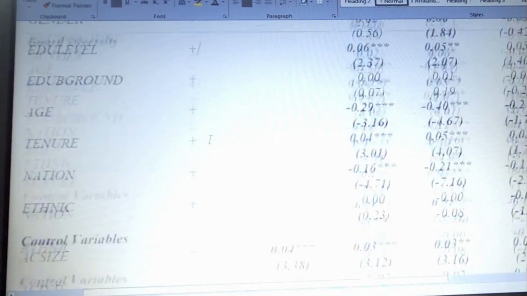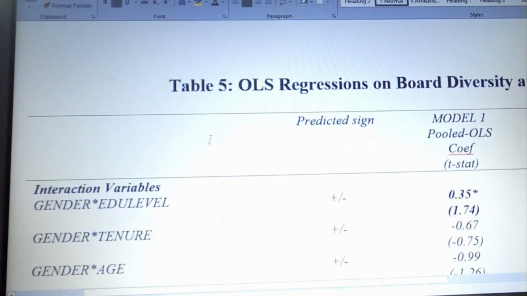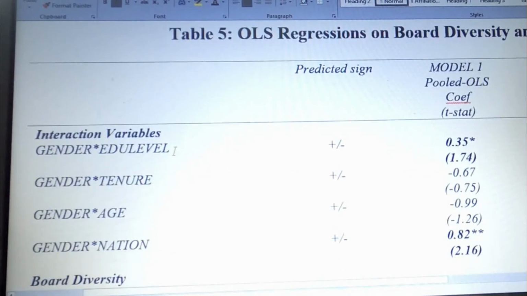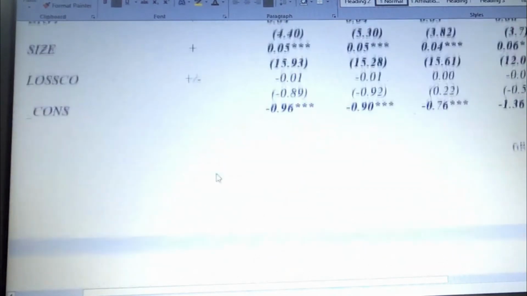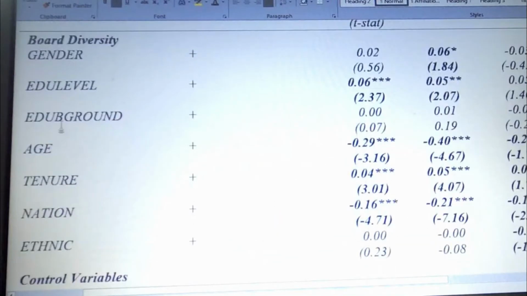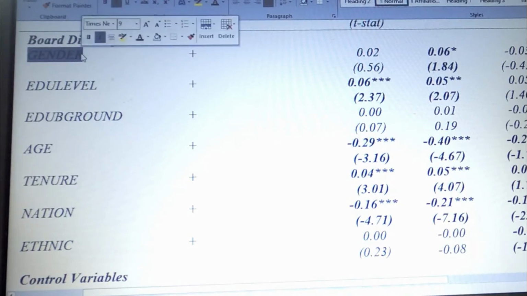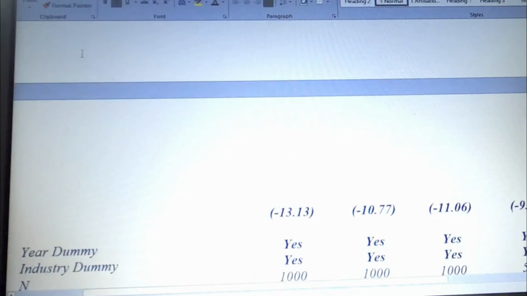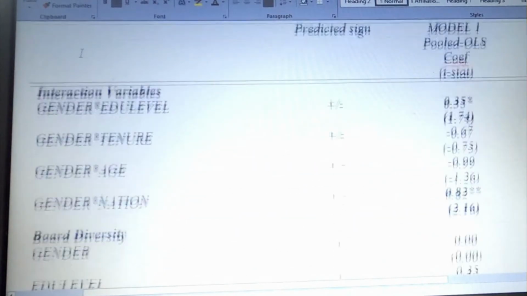Alright, now we look at how we should interpret the interaction terms. This is table 5, where I have already created the interaction terms. I choose gender because here we have 7 variables, thus I use gender as a baseline in creating the interaction terms.